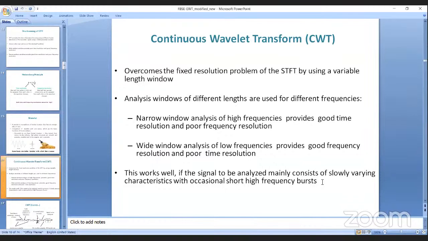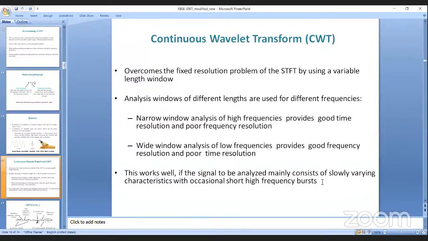If high frequency components are present in the signal, they require narrow window analysis, which provides good time resolution and poor frequency resolution, and that can be designed with low scale. Similarly, a wide window is suitable for low frequencies and provides good frequency resolution and poor time resolution, and that can be obtained with large scale.